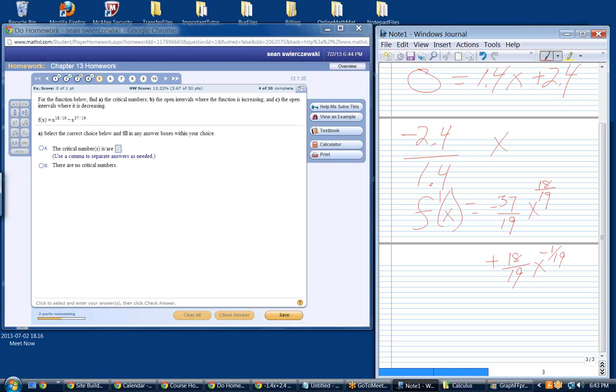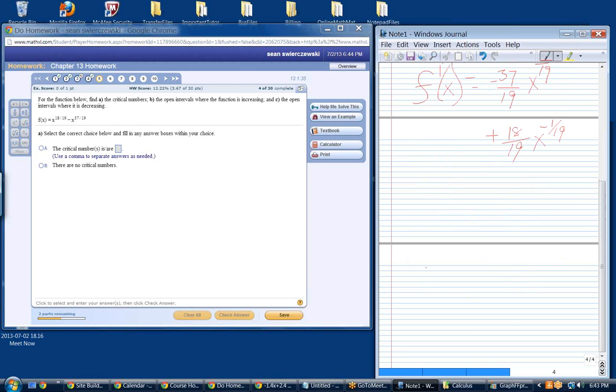Could you explain that again? Yeah, the power rule basically is if f of x is equal to x to the n, then f prime of x is equal to n times x to the n minus 1. So you start by multiplying the coefficient by n. So I started with this term here because it had the largest exponent.